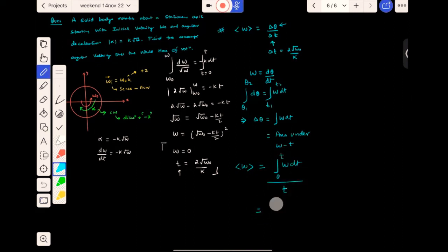And what is it? From 0 to t, omega is root omega naught minus kt by 2 whole square dt, divided by 2 root omega naught by k. And this integral I think everyone can do, no? If you don't know what to do here, you expand it. Then every term will become something for which you know how to integrate. After this, I think I can leave it now.